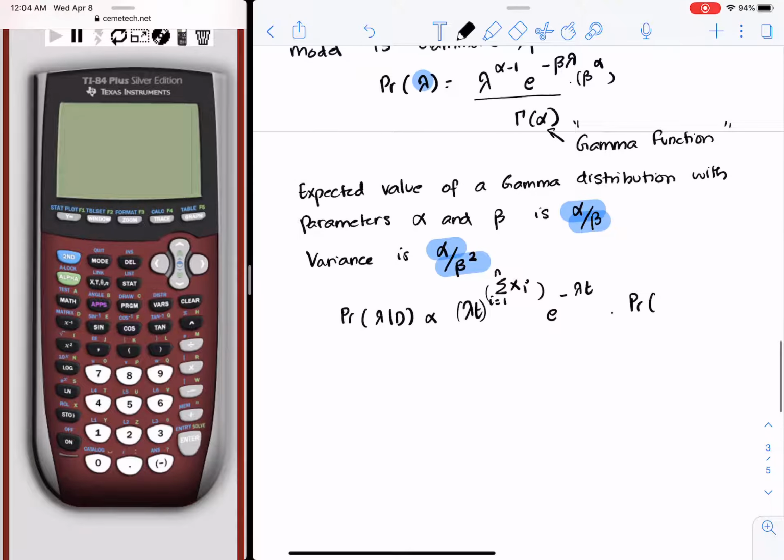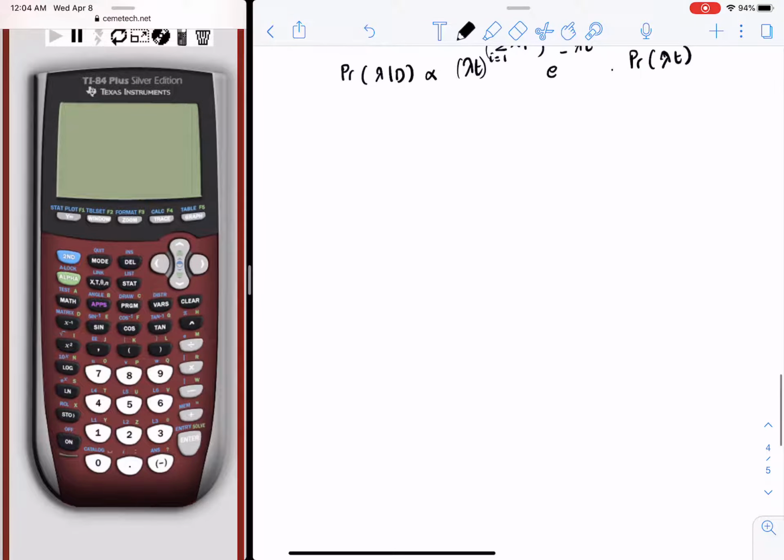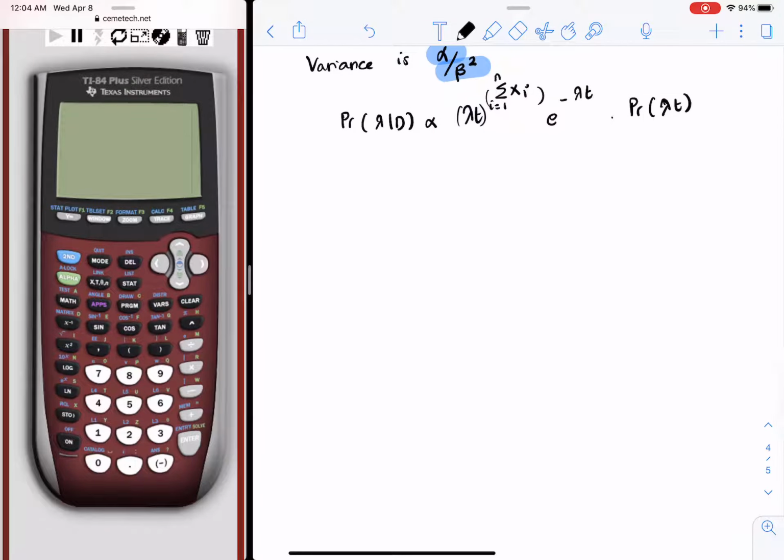So the prior affects only the value of lambda. Regardless of that t, we could come up with an appropriate prior. What do I mean by that? Instead of writing the prior of lambda, I could write it as lambda t itself, and do a little bit of a trick here.